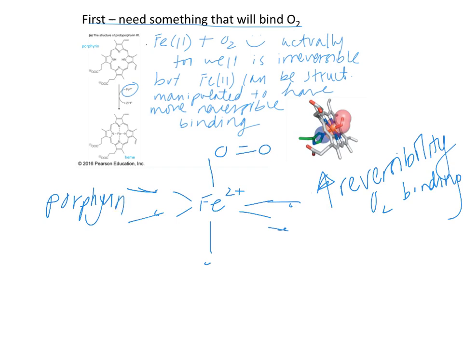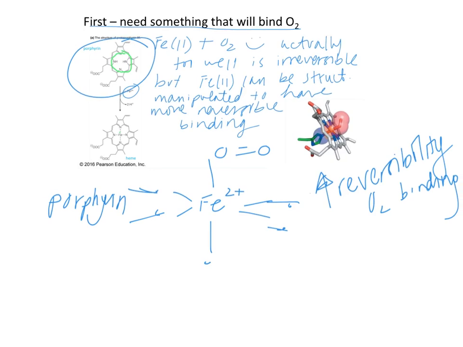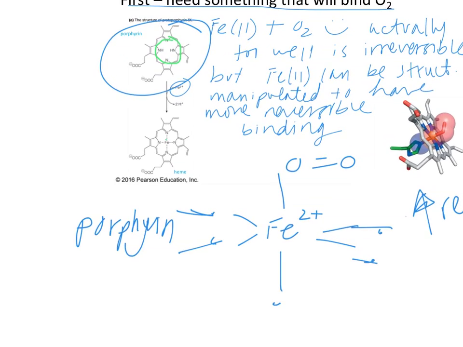Okay, and this structure right here is the porphyrin, so we're looking at it from the top down. There are some really interesting features of this, but basically each of these 4 nitrogens is going to covalently bond to the iron. All of these dashes here are coordinate covalent bonds, pretty strong.